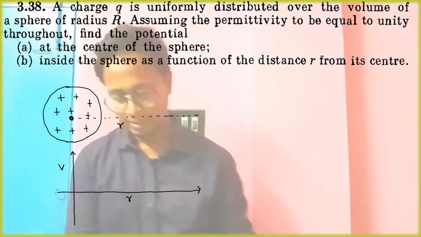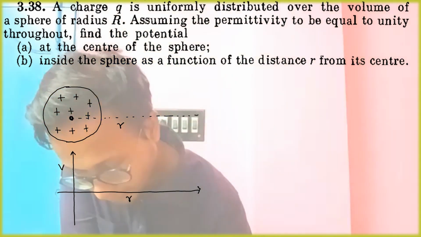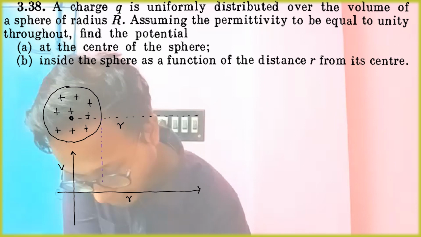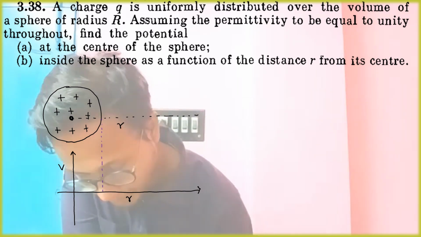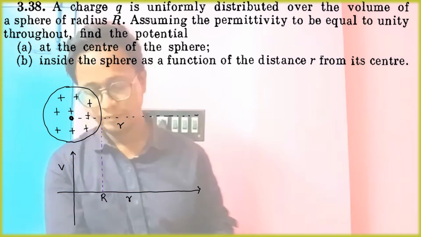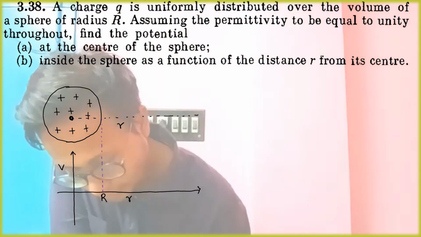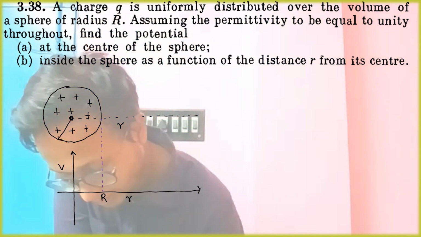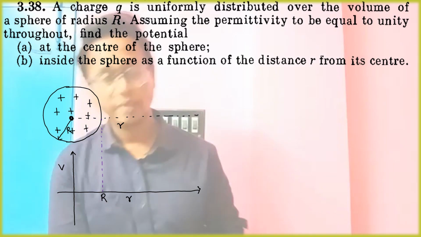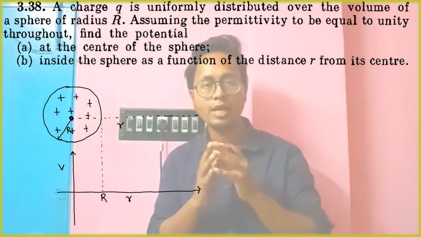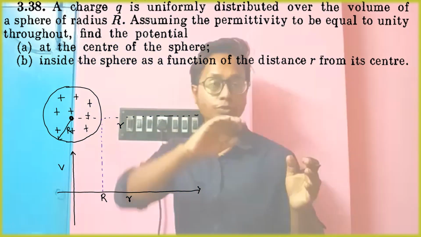Okay, at the radius of the sphere, that means the value of capital R, what will be the potential? Okay, so if capital R is the radius of the sphere, whenever we have electric field outside a sphere, what was told in class?